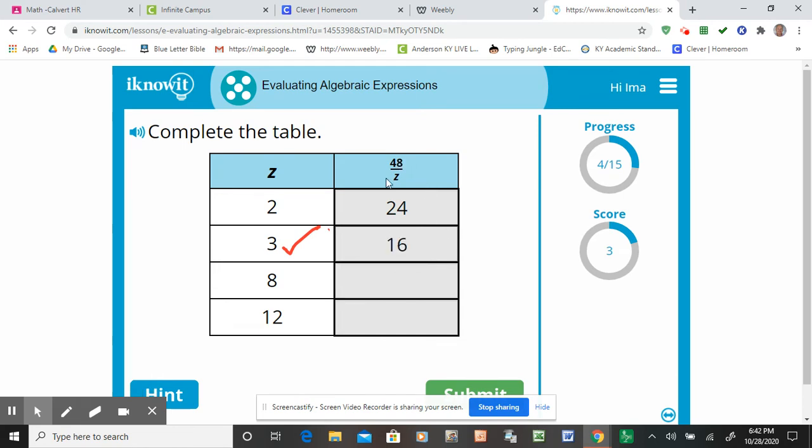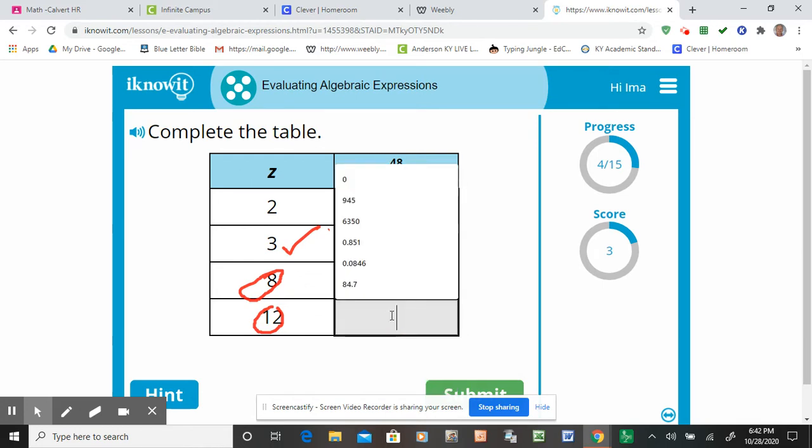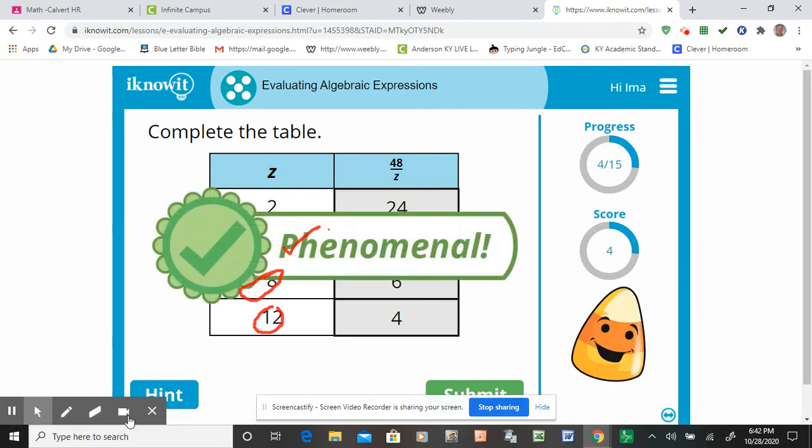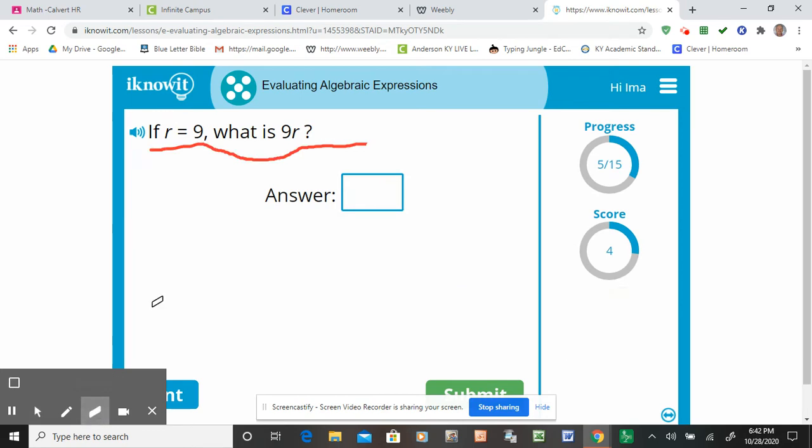And the same is true. 48 divided by 8, right here. And then 48 divided by 12. And all you have to do is plug in the values for these. And that would be 6, and this would be 4. Okay, and submit. And you'll have the next equation come up.